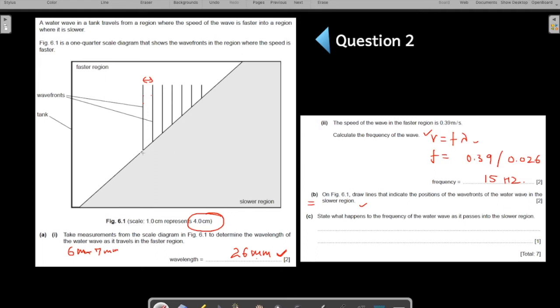So how will the wave fronts turn? They will bend towards the barrier. The wave fronts are going to bend towards the barrier. Why? Because they are entering a shallow region, or a region of slower speed.